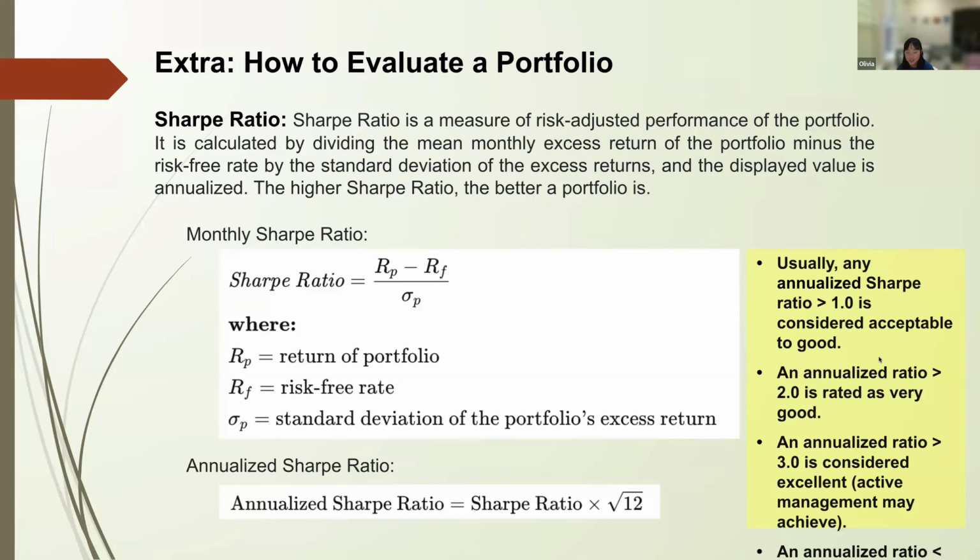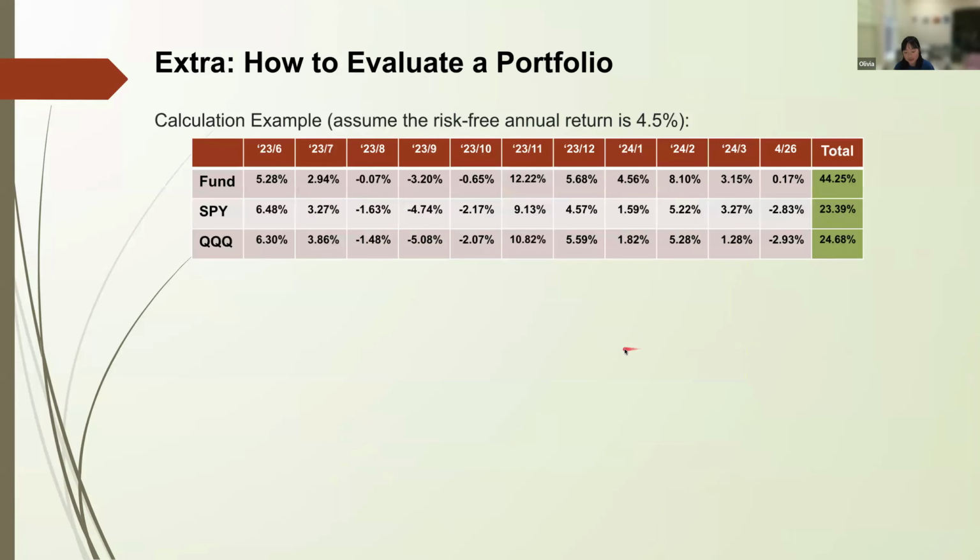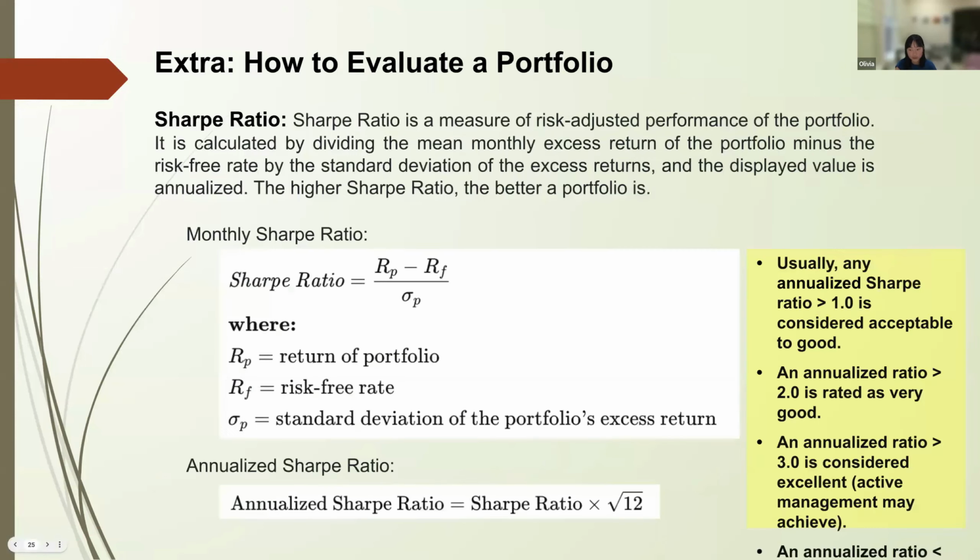Active management, for example in a mutual fund, can achieve this, but index funds can't. Index funds are in the 1 to 2 range, I think, like 1.5. An annualized ratio less than 1 isn't very good usually.